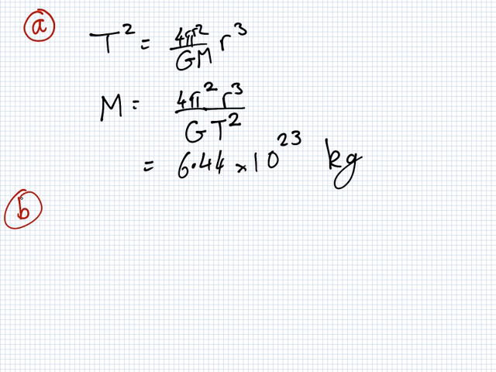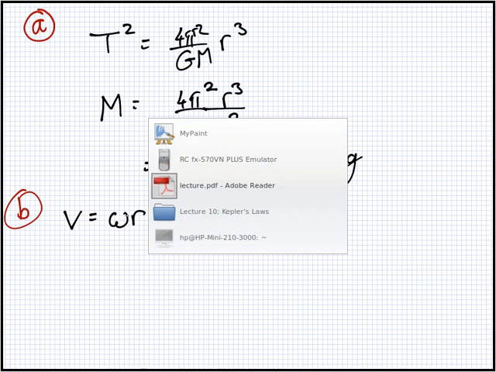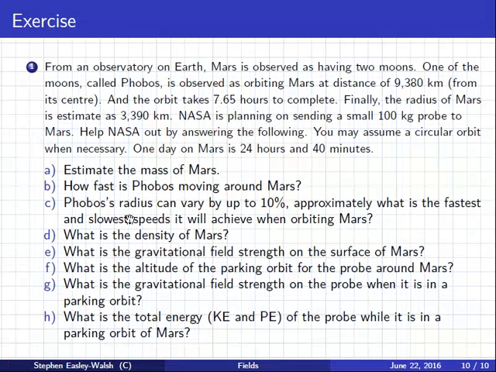Okay. B. What was it? The V, is it? Yeah. So we can go with V equals omega r, or we can go with V equals root of something. How fast?